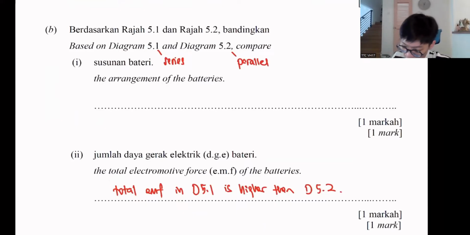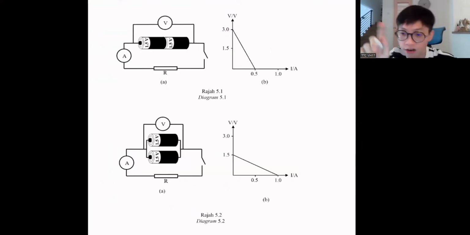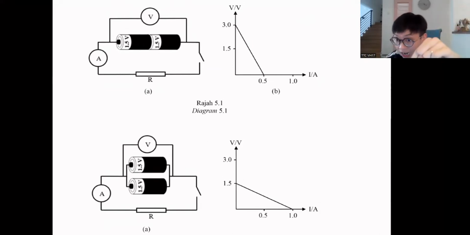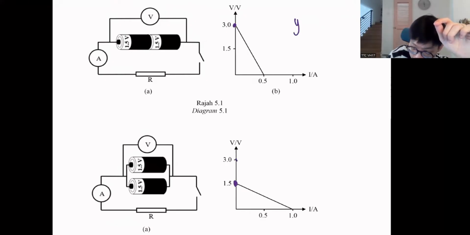Then what about the gradient of the graph? Okay, here we have one problem. Can anybody tell me what the gradient of this graph represents? This VI graph, Jung Hao said before, is very special. Why? Because this VI graph is going down. So usually your y-intercept is actually your EMF.